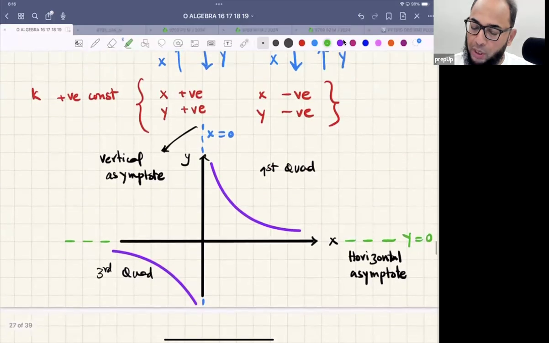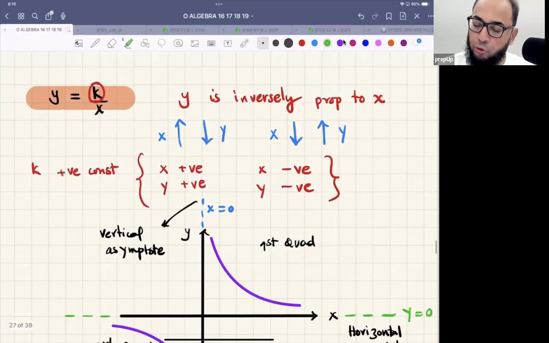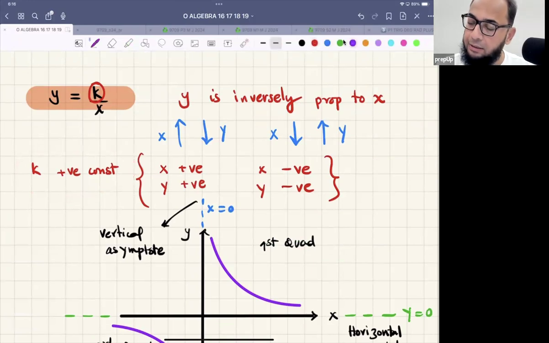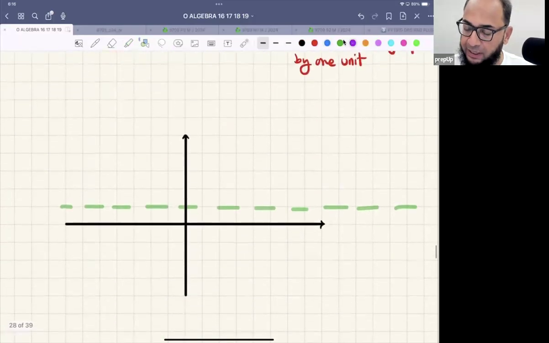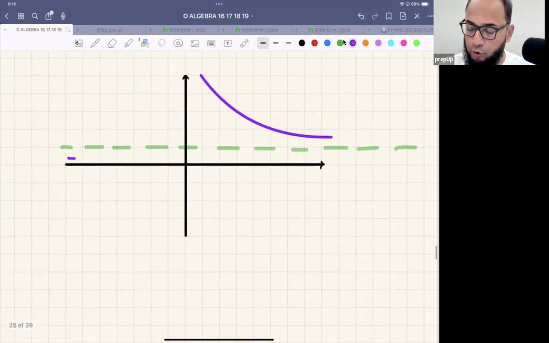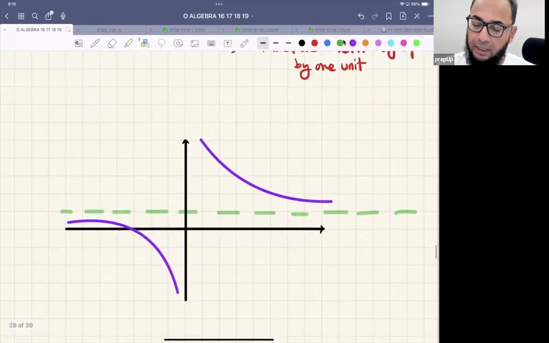And then we will draw 1 over x just like this. So k could be any positive constant. So let me draw this thing. I'm choosing this, and with respect to this we draw it, something like this. That's how we draw it.